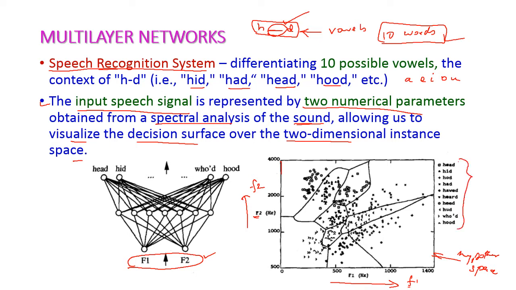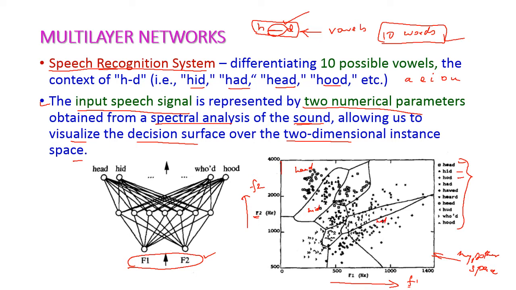First one is head. See, head is here. And second one is hid. Hid is here. And next one is HOD. Where is HOD? Plus symbol. See, HOD is here, somewhat here.